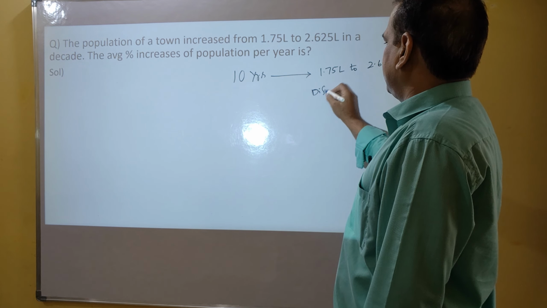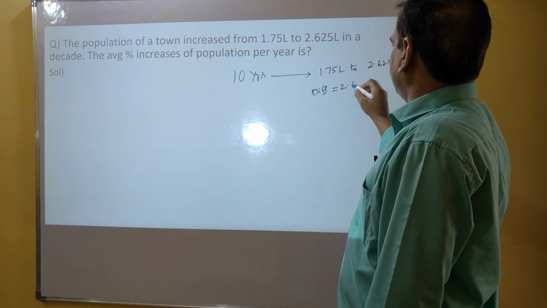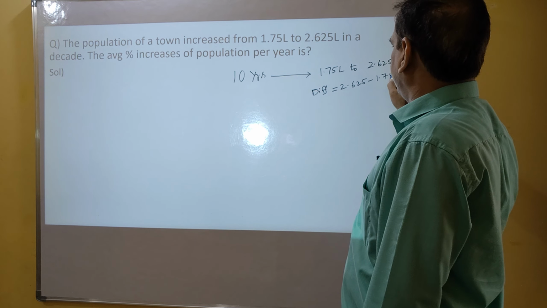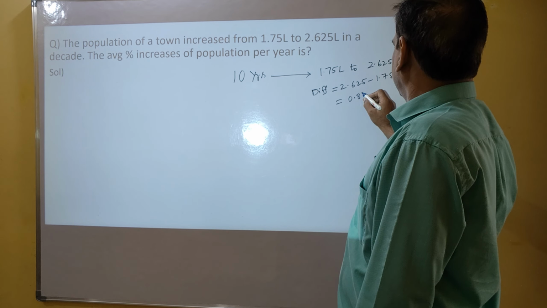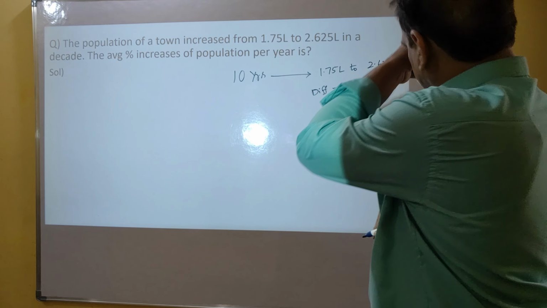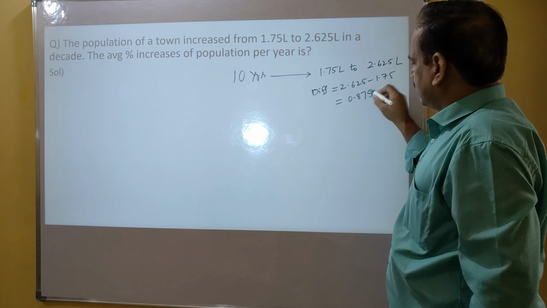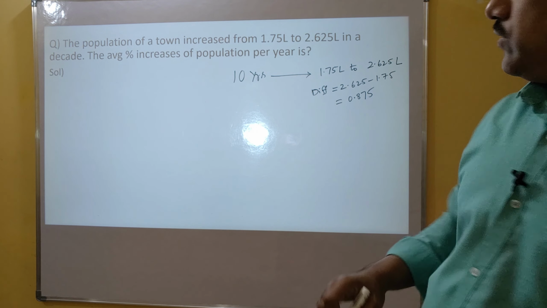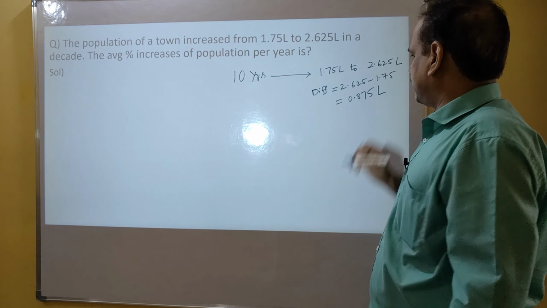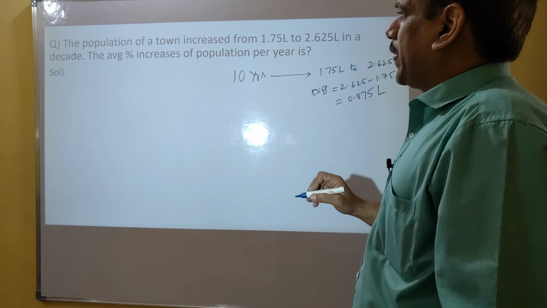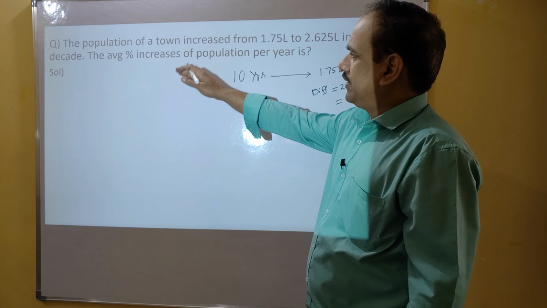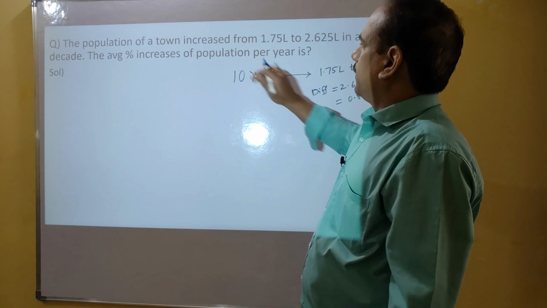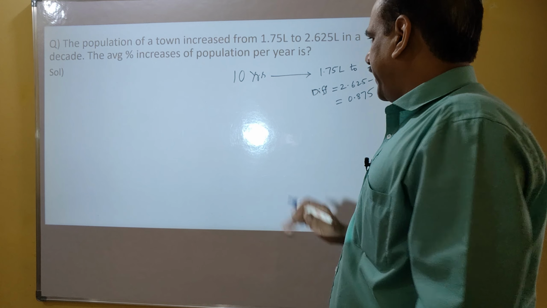The difference is 2.625 minus 1.75, which is 0.875 lakhs.